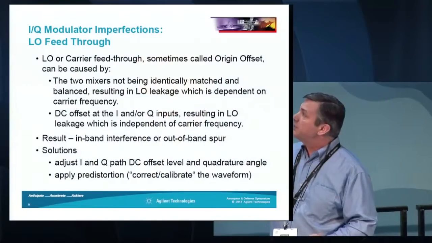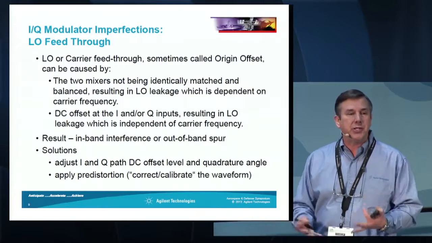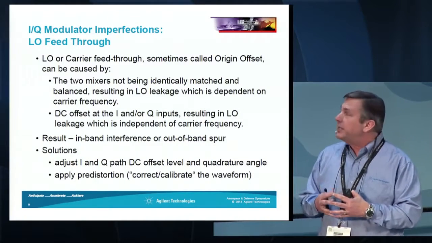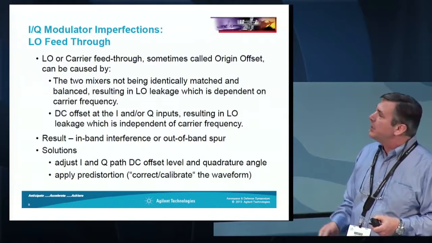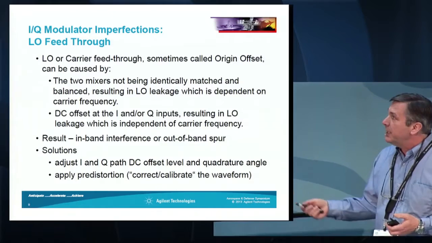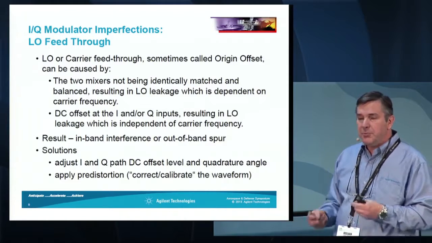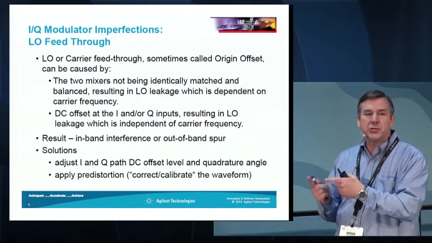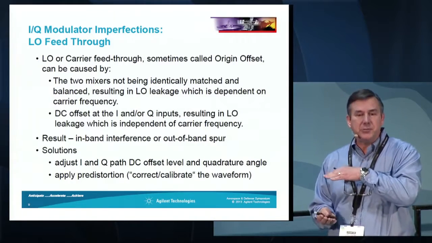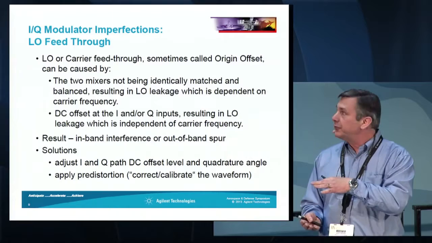So I'd like to jump into some of the imperfections in the IQ modulator and how we can mitigate those issues. And the first one you see usually is an LO feed through. And of course it's caused by the paths not being identically matched in terms of a DC offset between our I and our Q signals.